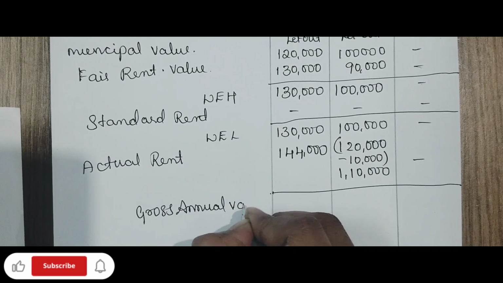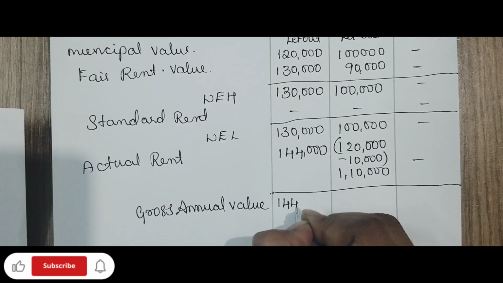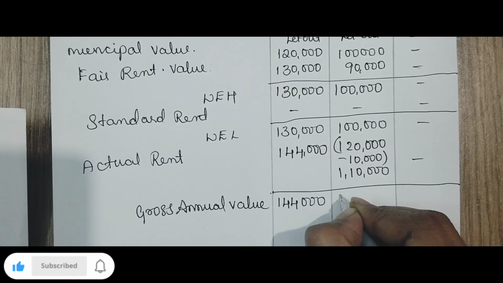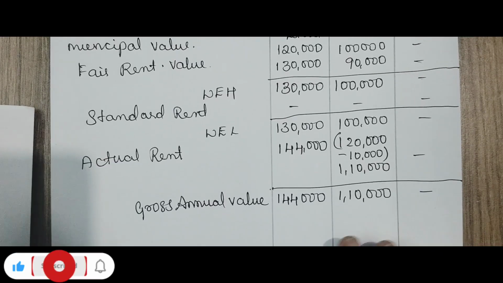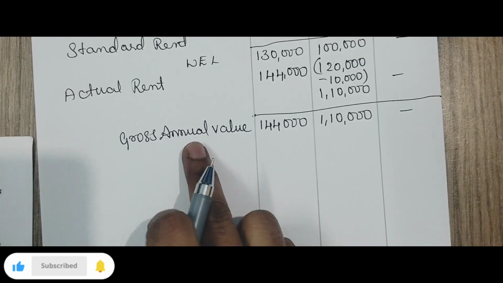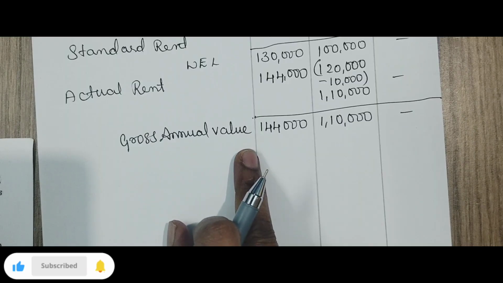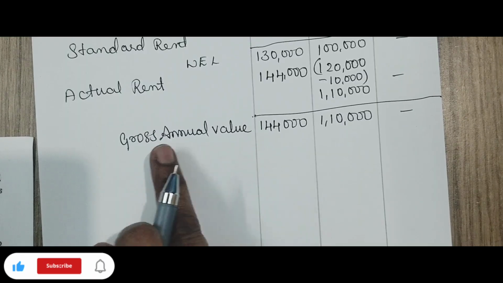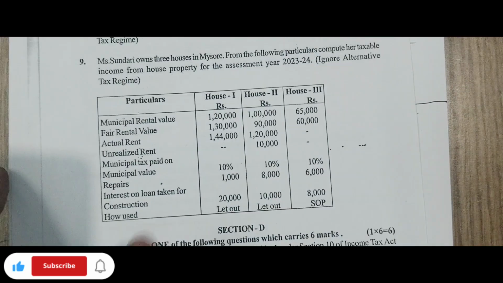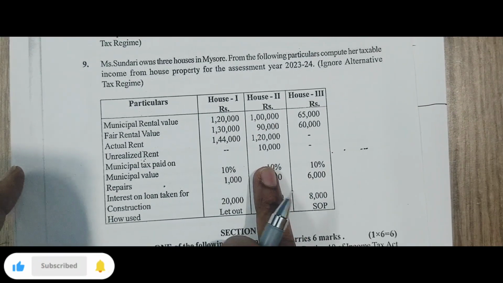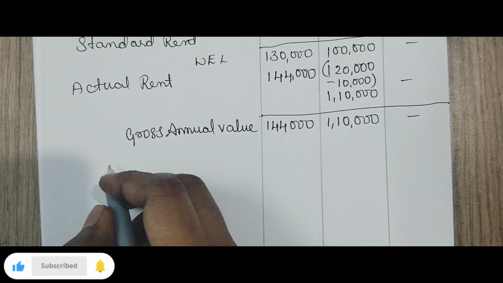Gross annual value is whichever is higher: 1,44,000 and 1,10,000, nil. Then from this you need to deduct any vacancy period after the gross annual value. Here in the question there is no information about a vacancy period, so we are not going to take it.